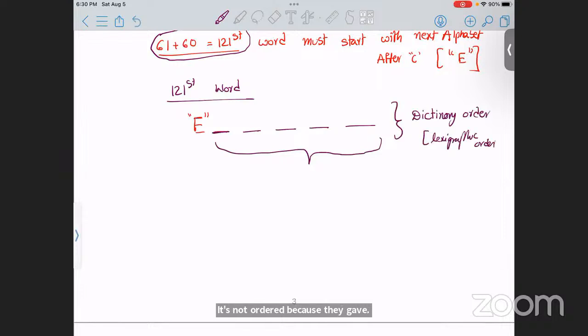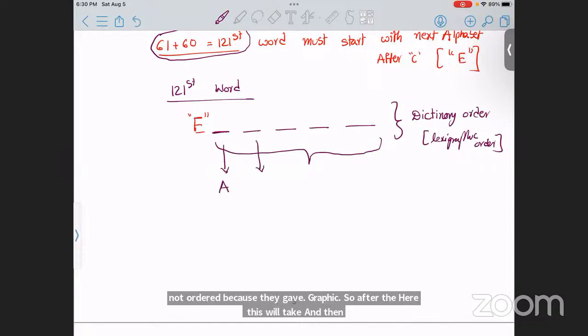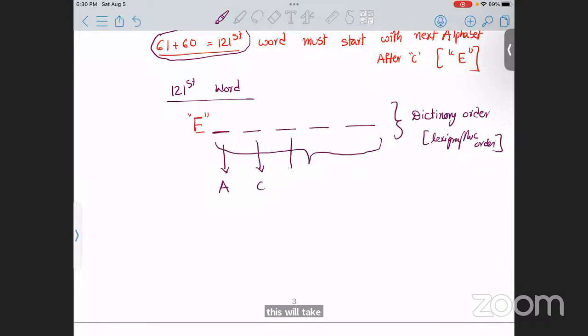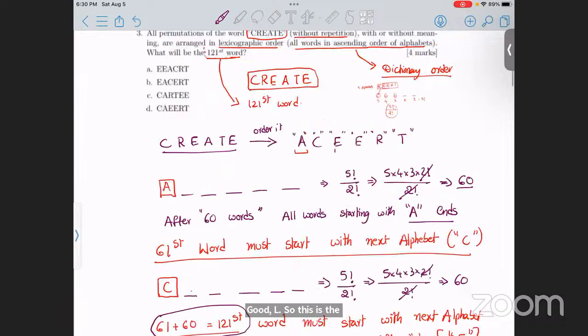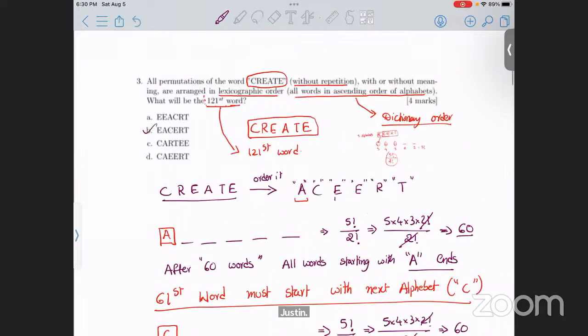So after E, this will take A, this will take C, and this will take another E. And what are the remaining? R and T. Clear everyone? So this is the final answer: EACERT. Okay, B is correct.